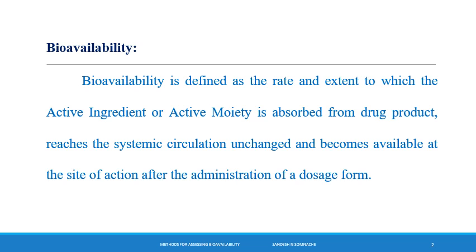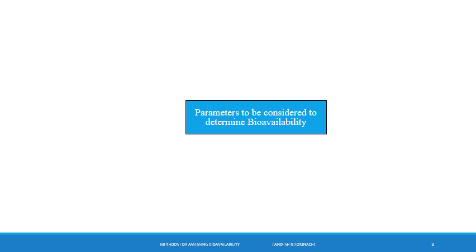Actually, determining the amount of drug present at the site of action is very difficult. Instead, we require some alternative methods, or we have to determine some alternative parameters to find out the bioavailability.